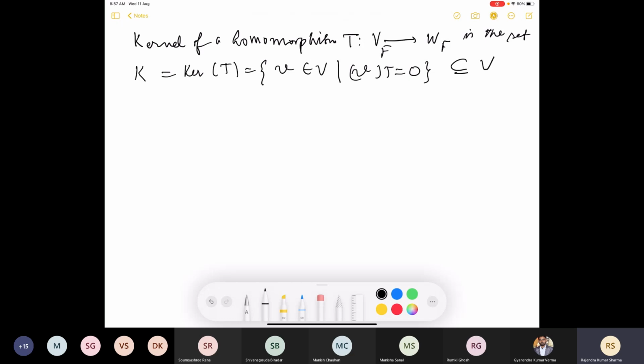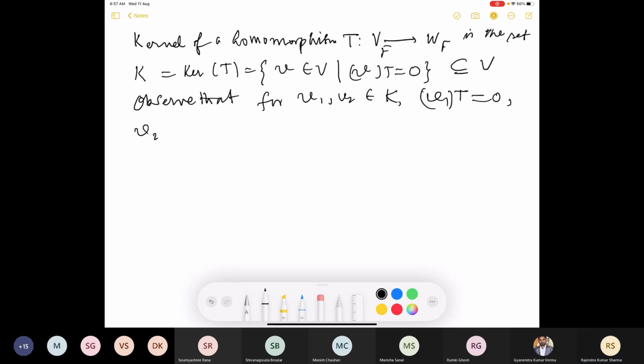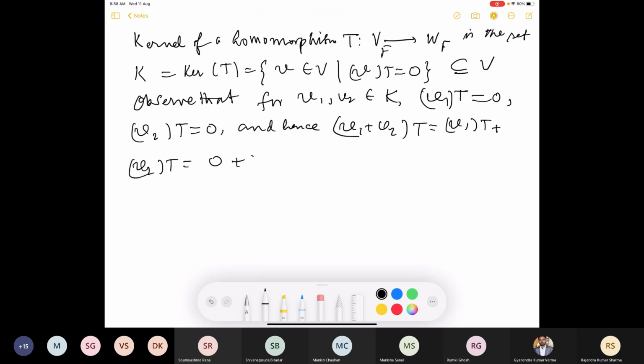What one can verify is that if v1 and v2 are in the kernel, observe that for v1, v2 in the kernel, v1T is 0, v2T is also 0, and hence (v1 + v2)T, because it is a homomorphism, is v1T + v2T, which is 0 + 0, which is 0.